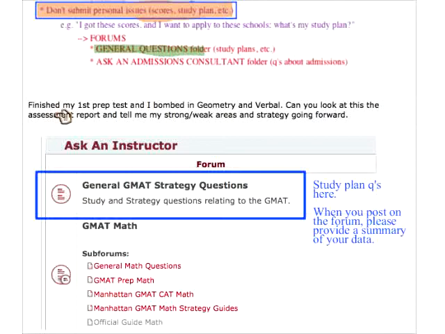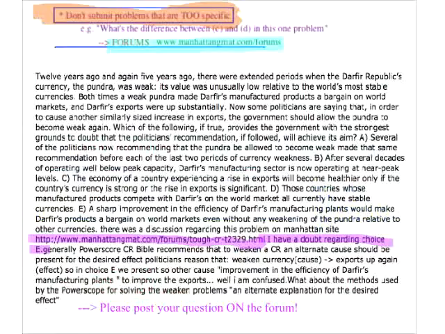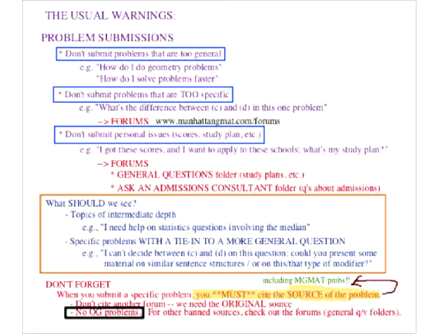Okay, so what do we want to see? What we want to see is some sort of general, medium length idea, as we said here. One from a while ago: a person asked about the median and statistics questions, so that became the topic of a later lecture.